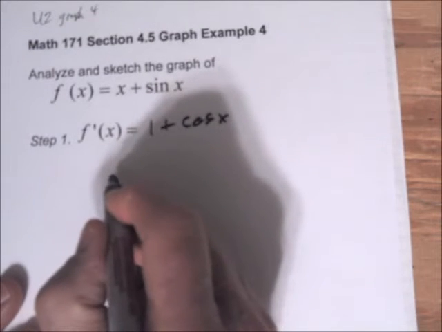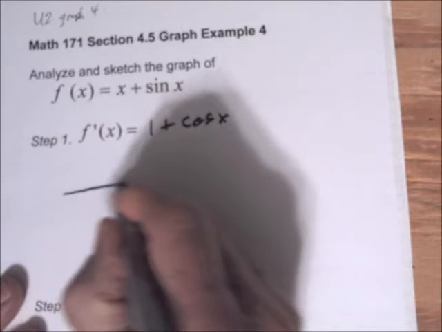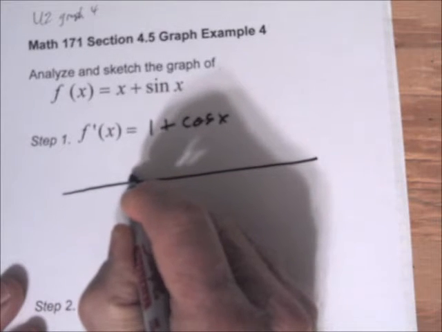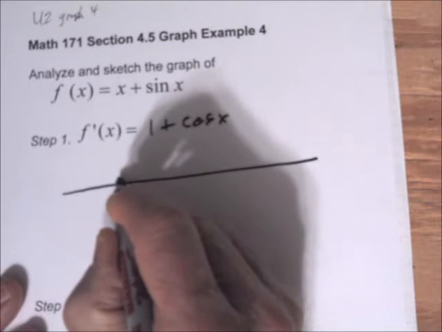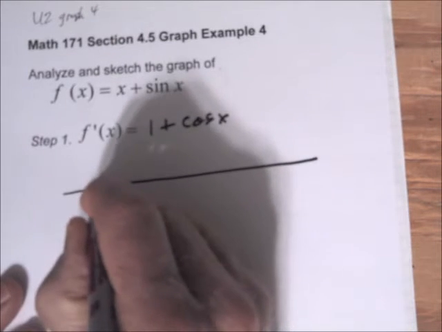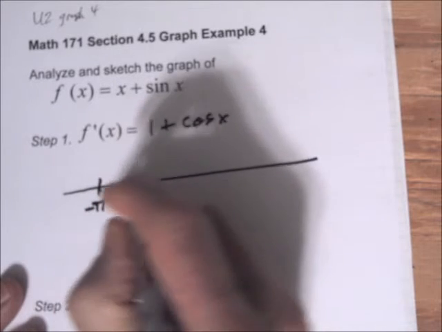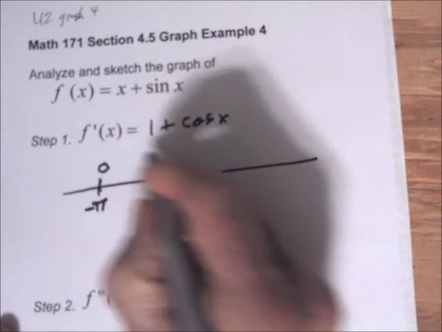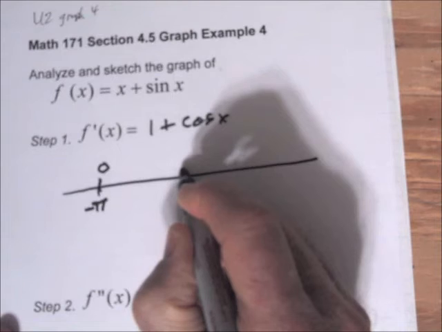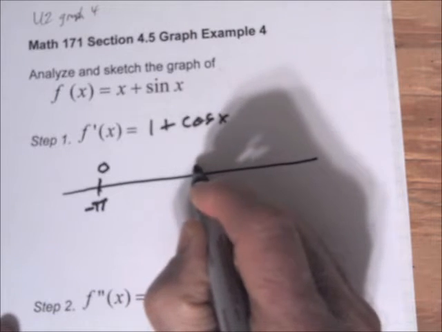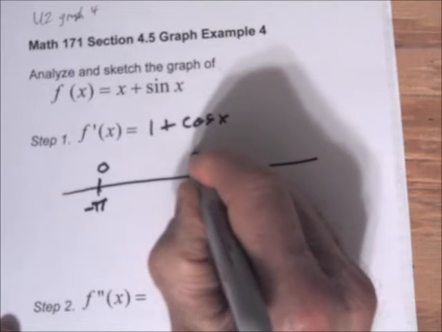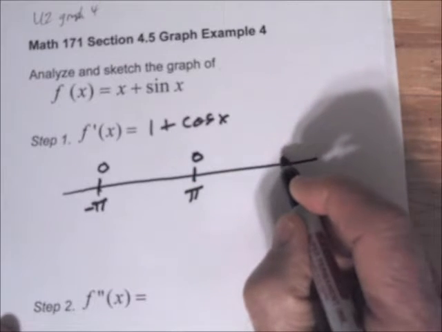So let's say cosine of minus pi. Cosine of minus pi is negative 1, and negative 1 plus 1 is 0. Cosine of positive pi is negative 1. We'll get 0 there.